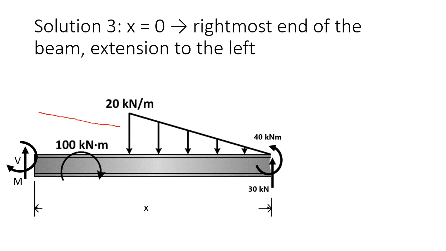Now, I told you in class that you can have two representations. You can still set x equal to 0 to be at the leftmost part of the beam. So if you do that, this should be 5 minus x.